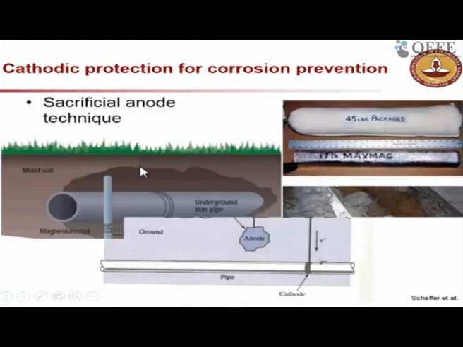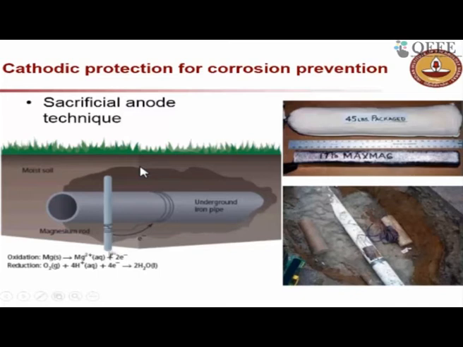Now this is an example showing the sacrificial anode. You can see here a magnesium rod which is connected to the pipe which needs to be protected. If you remember the picture which I showed earlier on galvanic corrosion, the lowermost, that blue slide which I am talking about, you can go through that later. The lowermost element in that was magnesium.